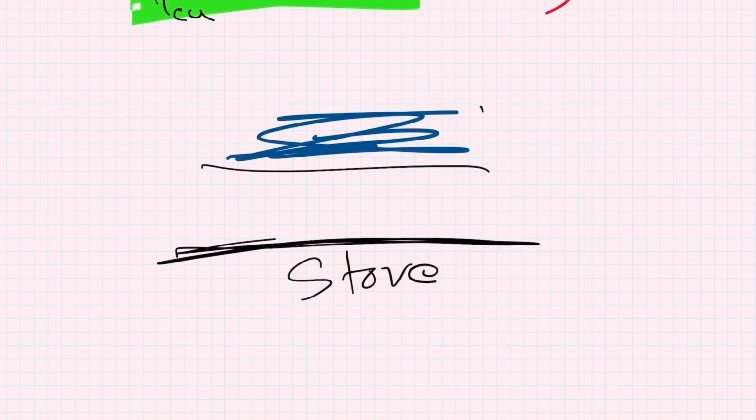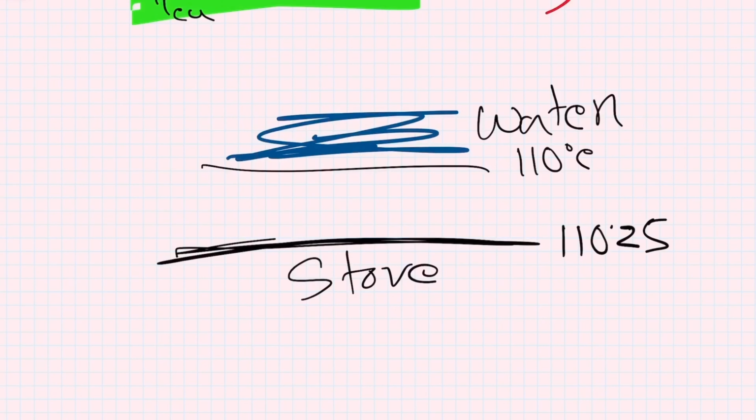The question says the water-side surface is at 110 degrees Celsius. If you make the pan with copper, the surface in contact with the stove would be at 110.25, but it would be at 110.4 degrees Celsius if it was made of aluminum.